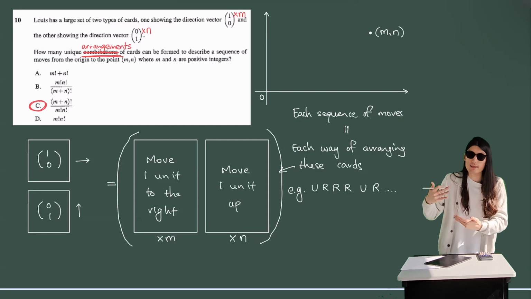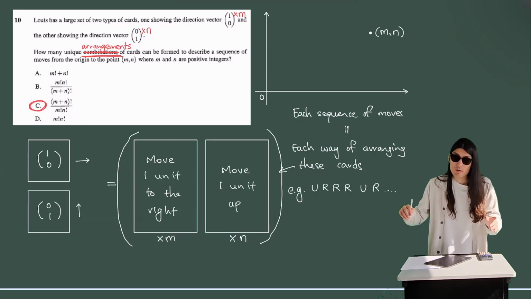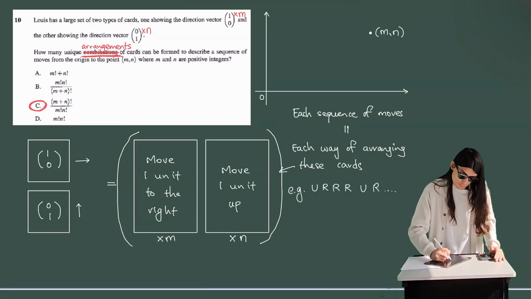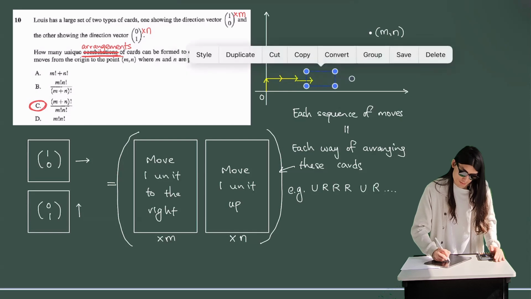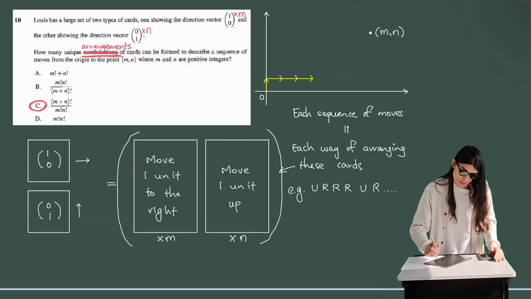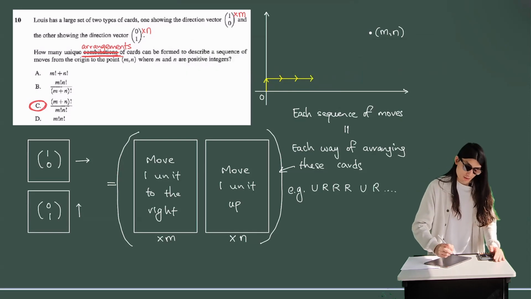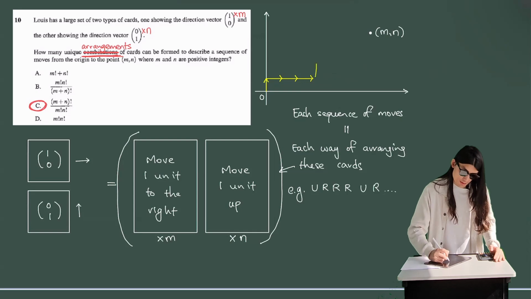What does that describe? It describes a sequence of moves where you move 1 unit up first, and then 1 unit to the right, and then 1 unit to the right again, and then 1 unit up, and then 1 unit to the right.